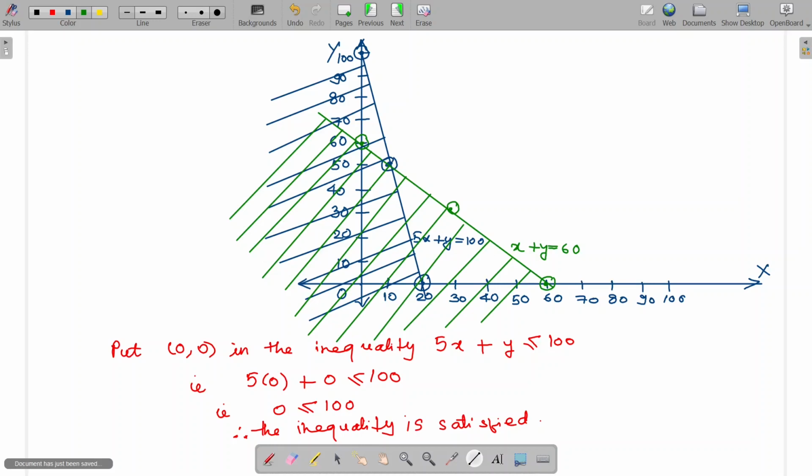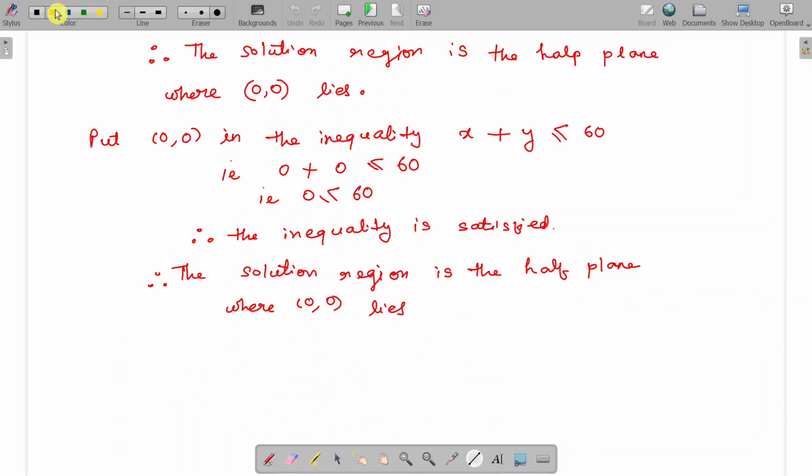Okay, now we have to consider the third line, which is x equal to 0. Now we cannot put 0, 0 in the inequality because x equal to 0 passes through the origin. Okay, so we have to put some other point. So put 10, 10.